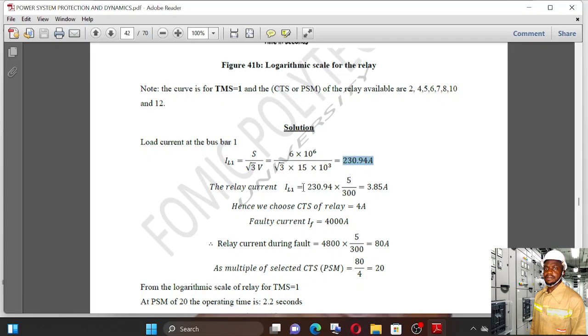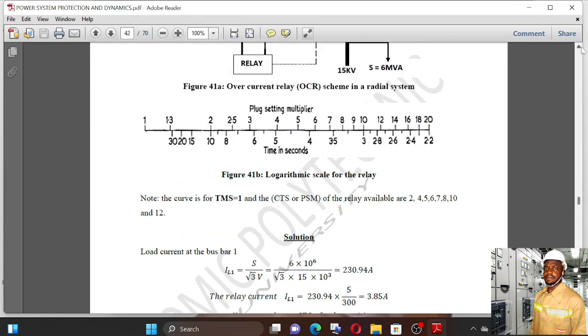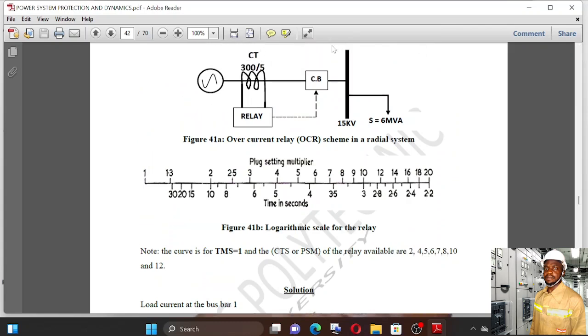So utilize the primary current divided by secondary current, which is equal to the secondary winding divided by primary winding, which has been given. Number of turns, okay, because it has been specified 300 on 5.